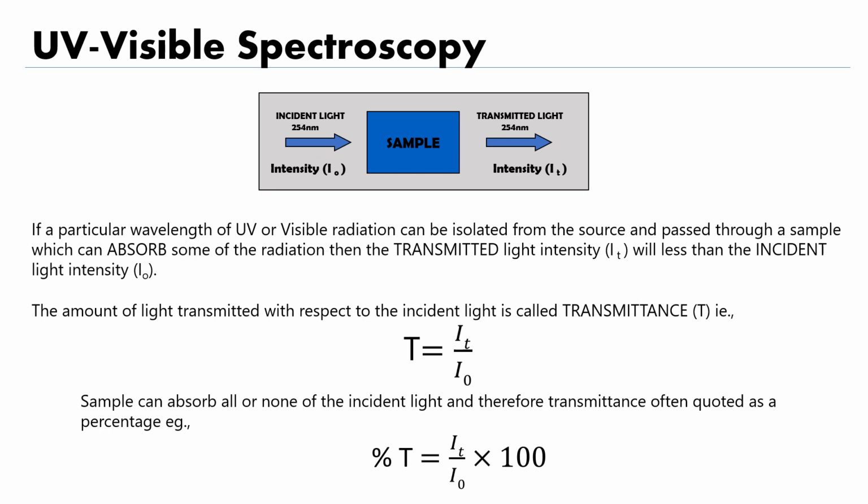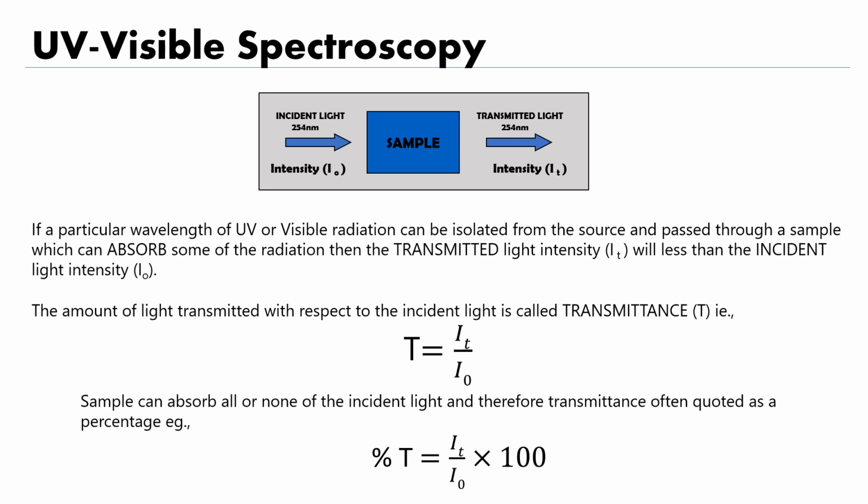While this light passes through the sample, some of the light is absorbed by the sample and the rest is transmitted, and the intensity of that light is given as IT. The amount of light transmitted with respect to the incident light is called transmittance, and transmittance T is the ratio of the intensity of the transmitted light divided by the intensity of light I0.